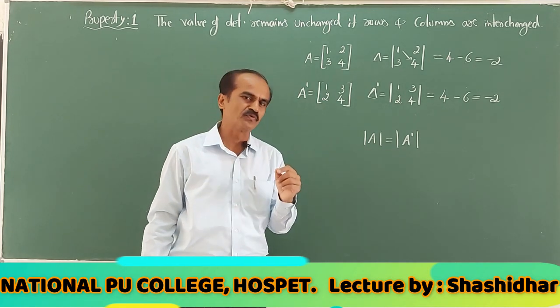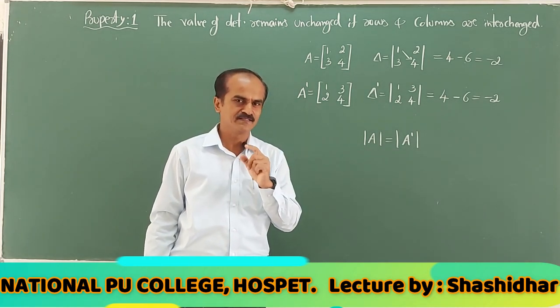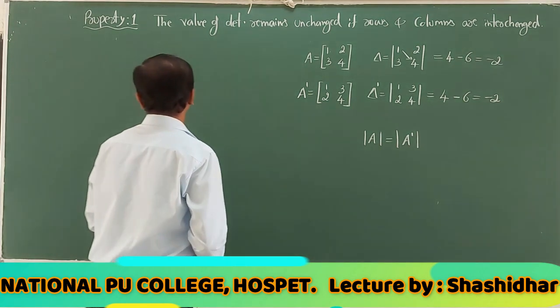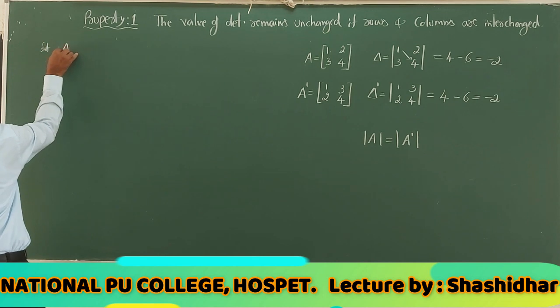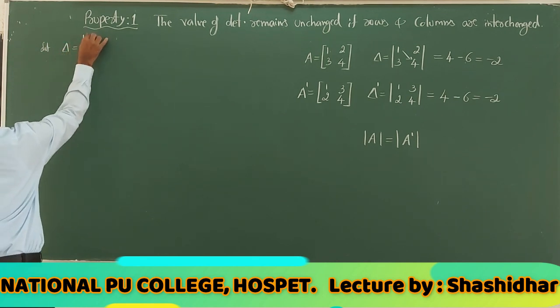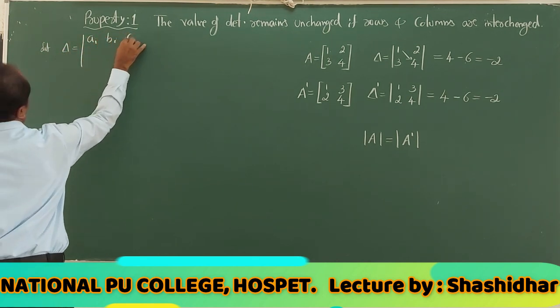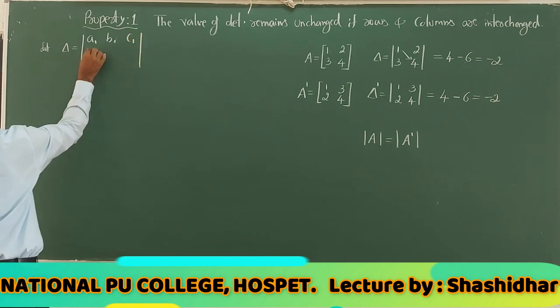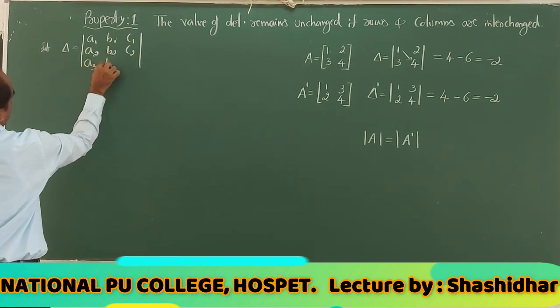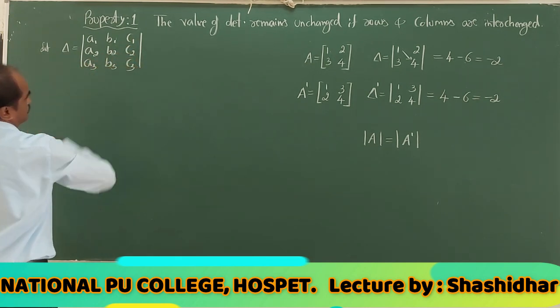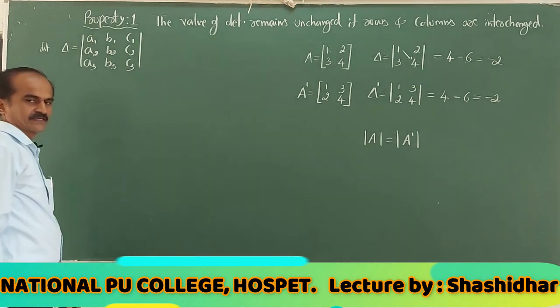Now let us prove this property by taking a general determinant. Let delta equal a determinant whose first row elements are A1, B1, C1, then A2, B2, C2, and A3, B3, C3. Some elements I have written.